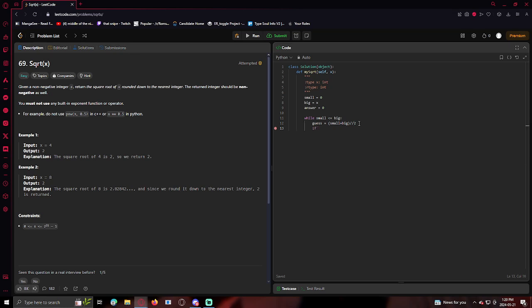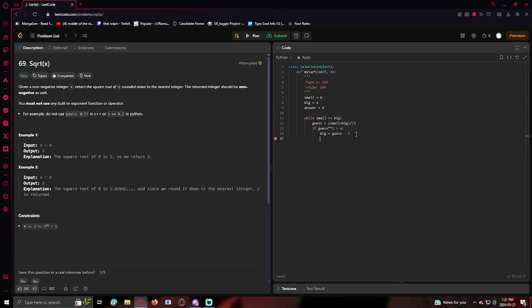So we'll go if guess exponent 2 is bigger than x, then we're going to say that the big side is going to be guess minus 1, because this means that it's too big, so we want to narrow down the search from this.